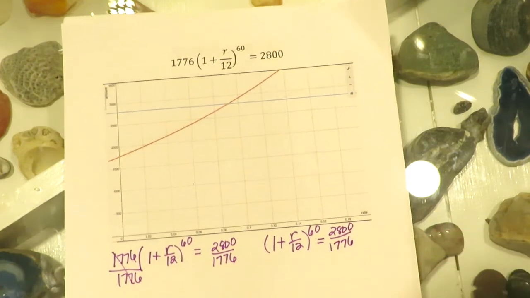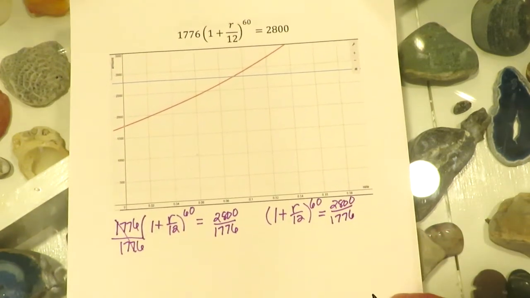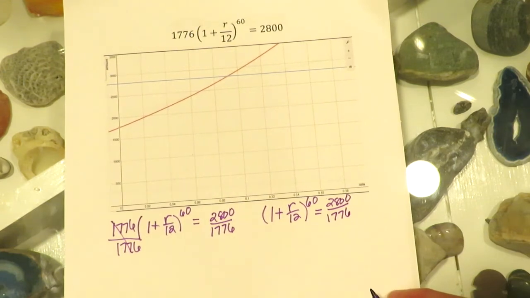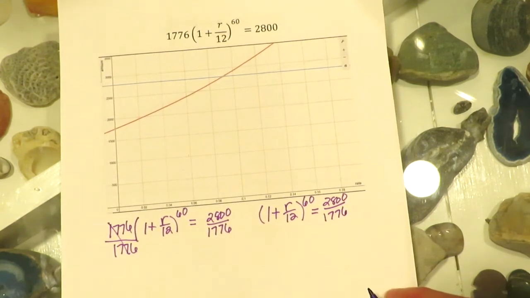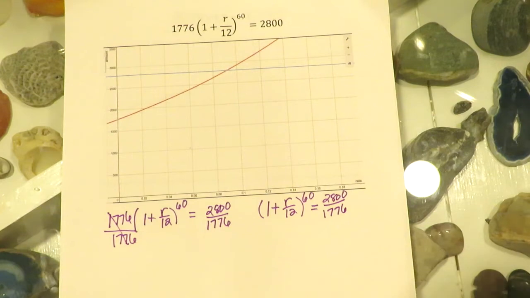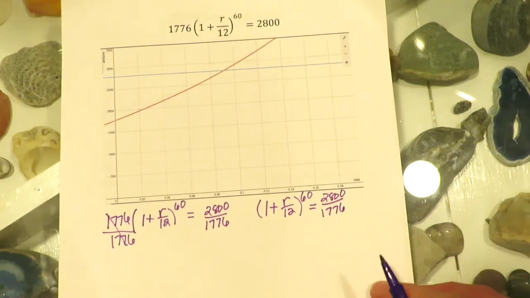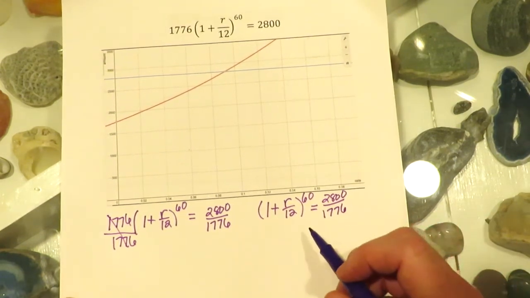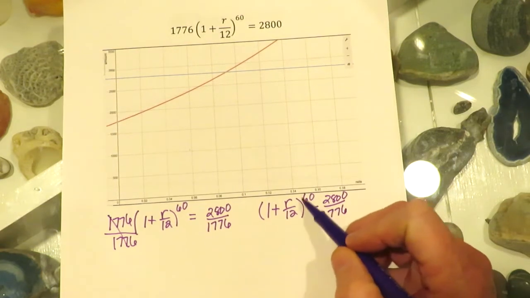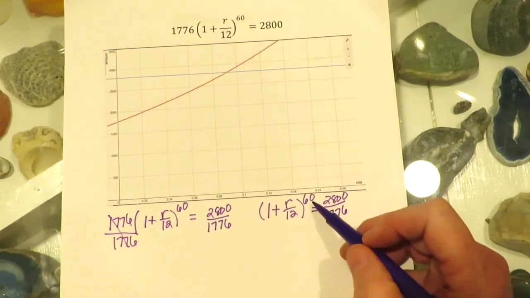You're better off leaving things in exact form until the very end, and then you can round, and that way you know that your answer has stayed exact up until whatever decimal place you need to round it to. Okay, I'm trying to undo this power.